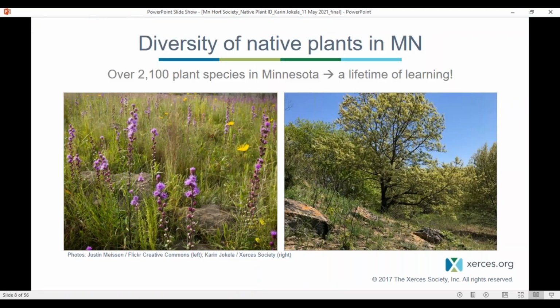So it's worth noting that we have such a diversity of native plants in Minnesota. Plants that occur in Minnesota in general, not necessarily native, but most of those are native. We have over 2,100 plant species that occur in Minnesota. So in order to learn all of those, that's kind of a lifetime of learning.